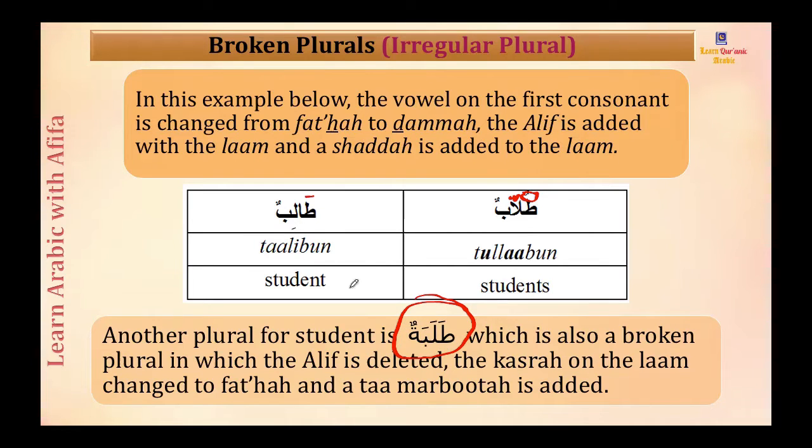So talabatun is a second plural for talibun, not as commonly used as tulab. This one has also undergone changes. If you observe from the original, there's no alif after the ta, and a ta marbuta has been added to the end of it. So this is the idea of broken plurals, where they undergo certain changes in either the vowels, the letters, or prefixes are added, etc.